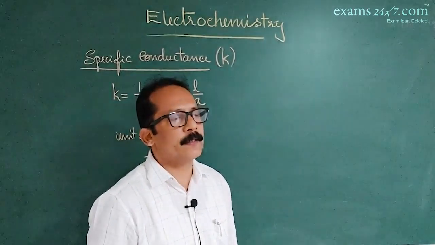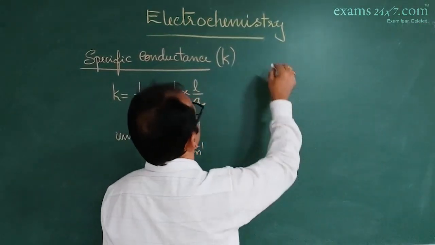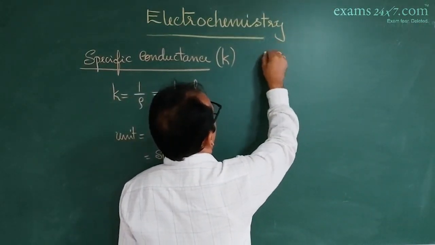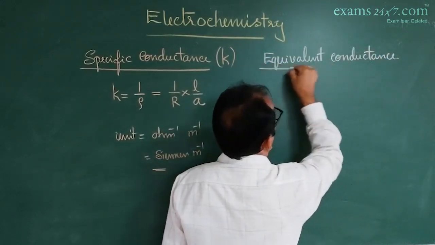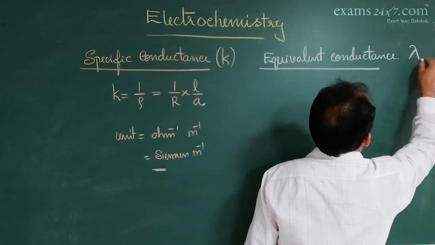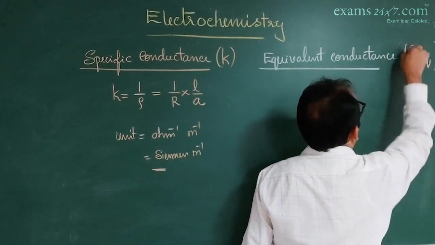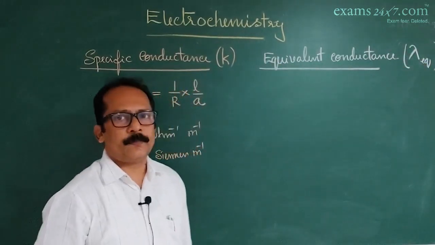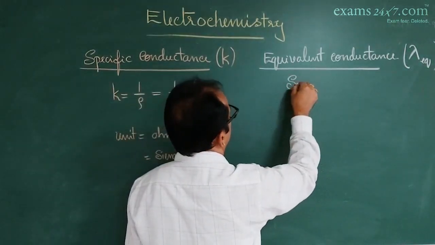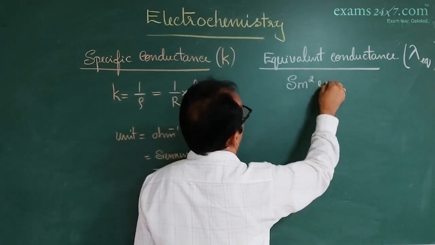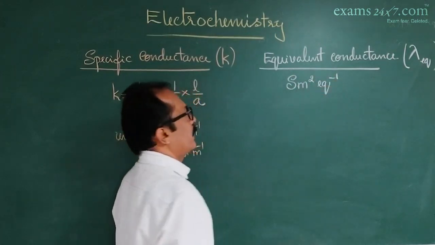That kind of conductance is called equivalent conductance. It is represented by lambda eq. The SI unit of equivalent conductance is Siemens meter square per equivalent.